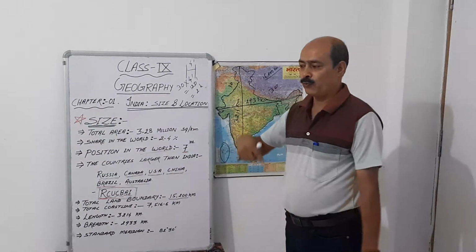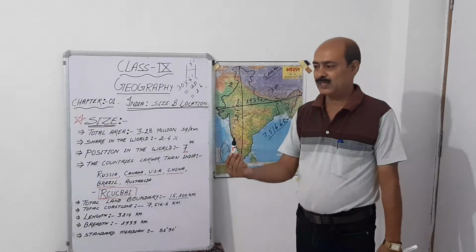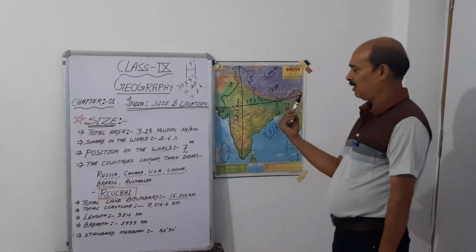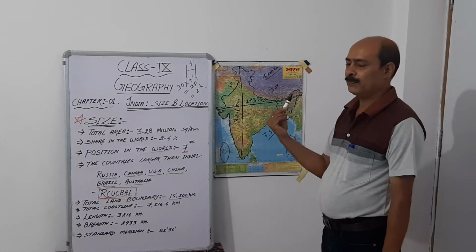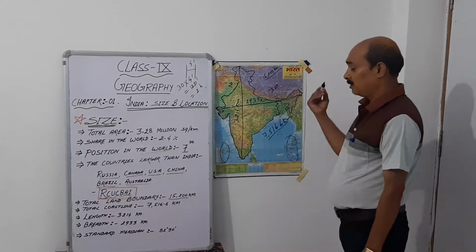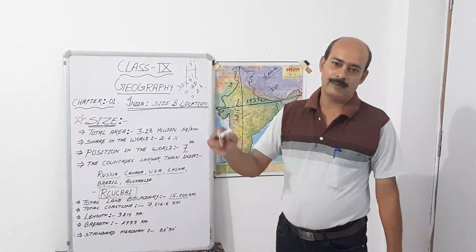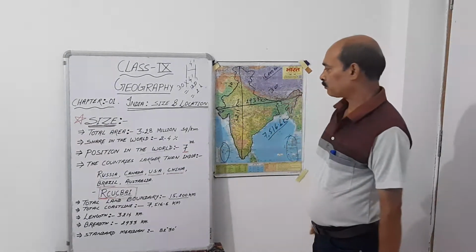The earth rotates west to east, so the eastern side comes in front of the sun first.